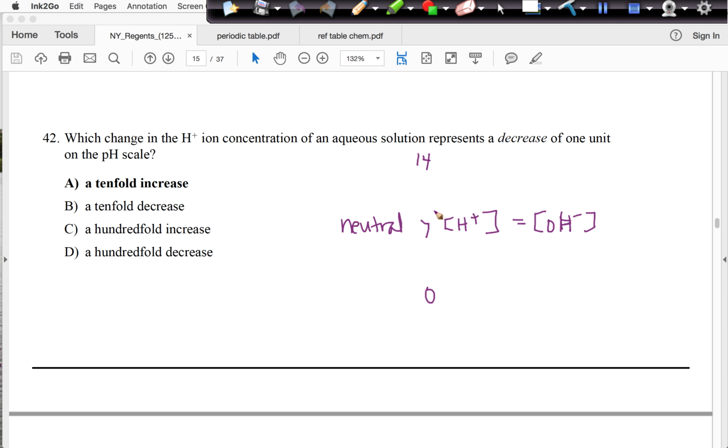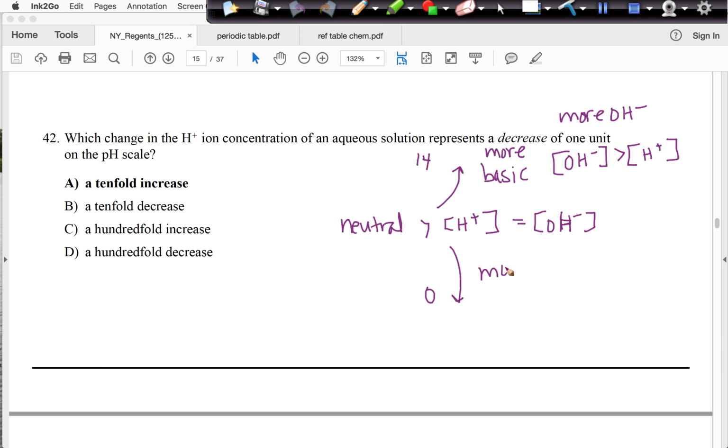It's their ratio that determines whether the solution is basic, where the OH minus is greater than the H plus. The higher we go on the pH scale, the more basic we get and the more OH minus we get. The lower we go on the pH scale, the more acidic we get, and the higher the ratio of H plus to OH minus.